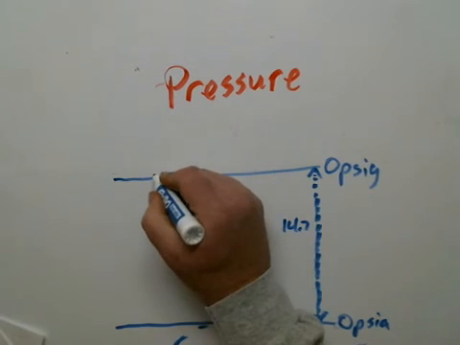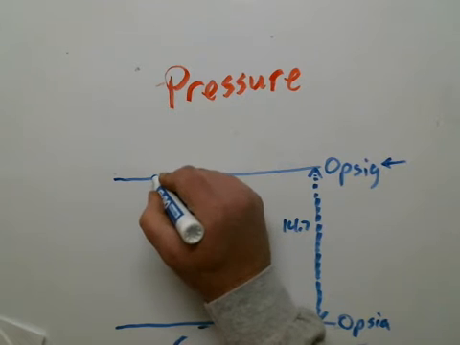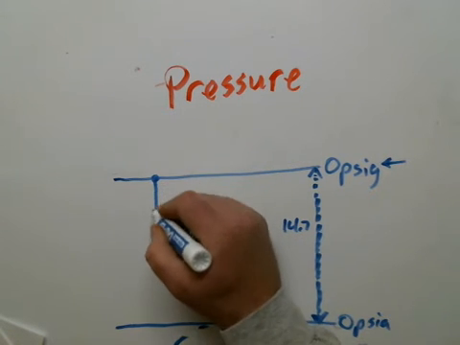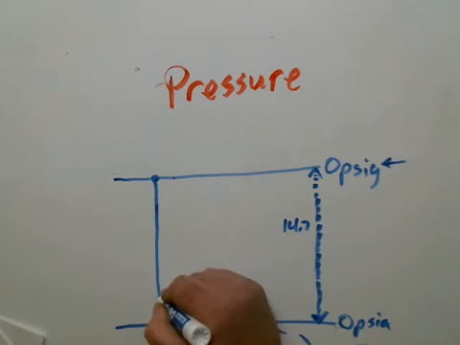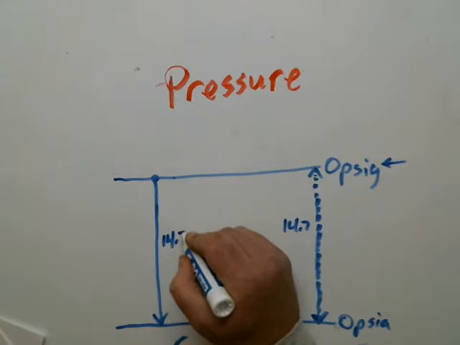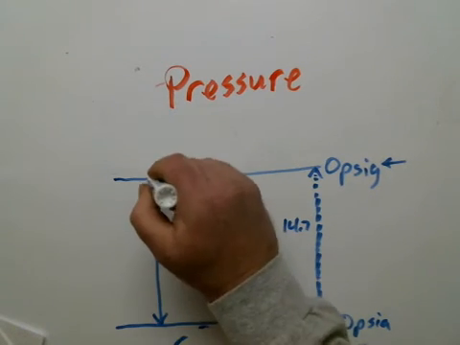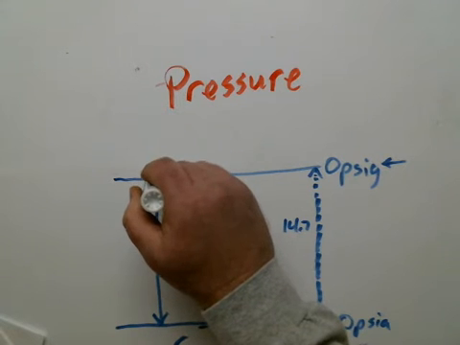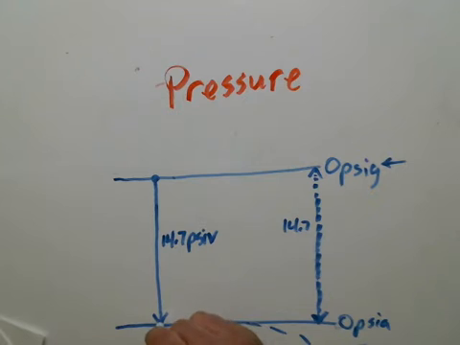That's the distance between these 2 points, because that's the pressure being exerted by the atmosphere. If I am reading a gauge and I start withdrawing the air out of a pipe, I'm establishing something less than atmospheric conditions. That's a vacuum. If I removed all of the air, we would call this 14.7 psi V, because the V denotes a starting point of gauge pressure or atmospheric pressure of 0 and establishing a vacuum.